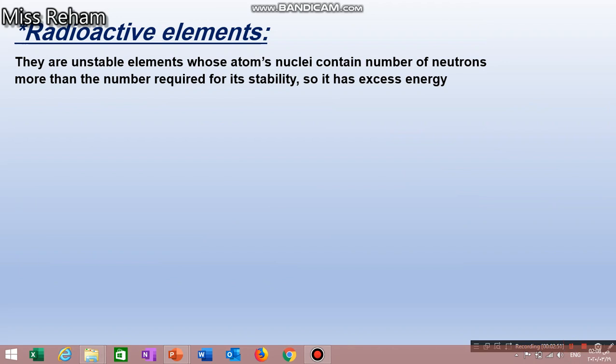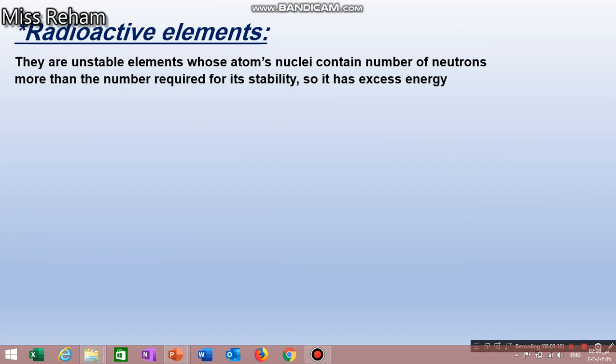Now we will talk about radioactive elements. What is meant by radioactive elements? Any atom contains a number of neutrons that makes it stable. If this number increases, the atom will not be stable.